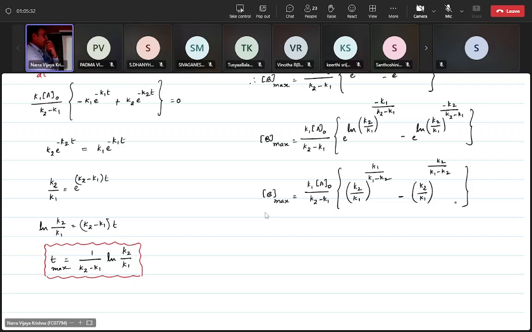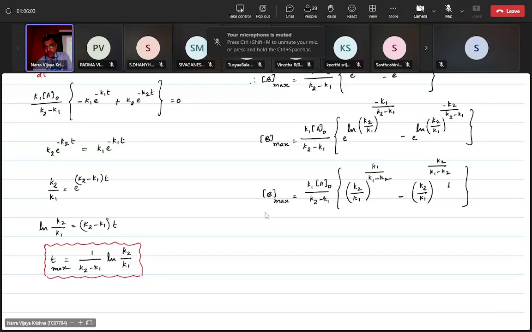Is there anything common I can take further? Listen. I am multiplying and dividing with K2 by K1.